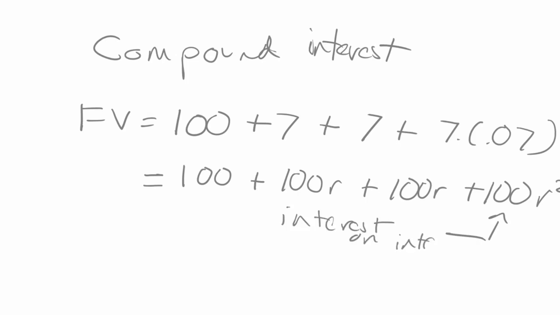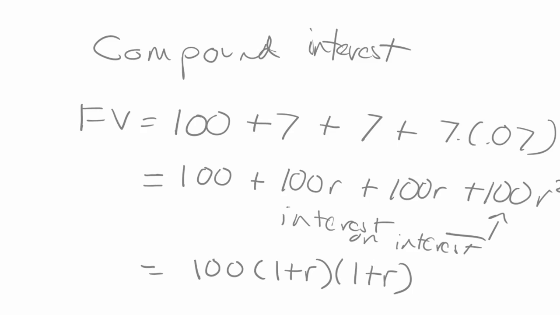If you do the algebra, this is $100 times 1 plus R. Okay, that's what we get after 1 year. Then, after the second year, we get that same amount reinvested.